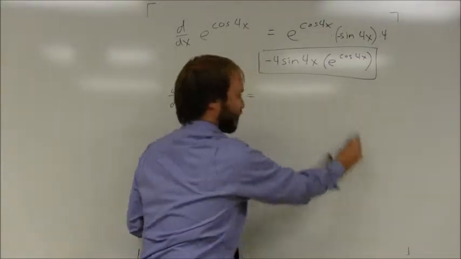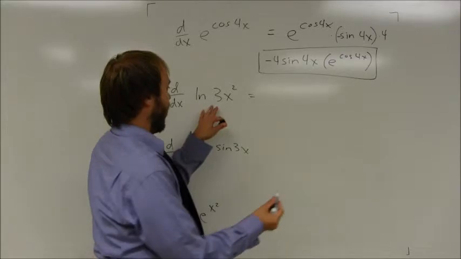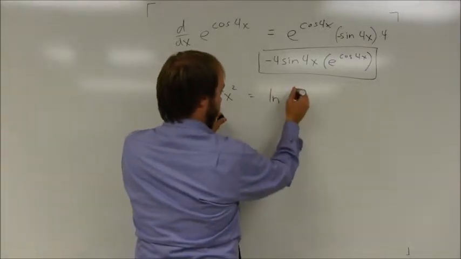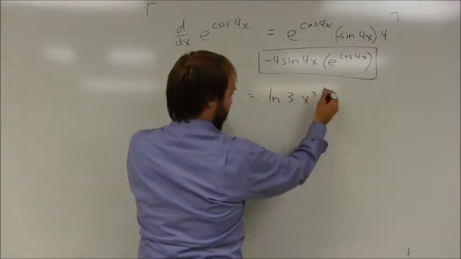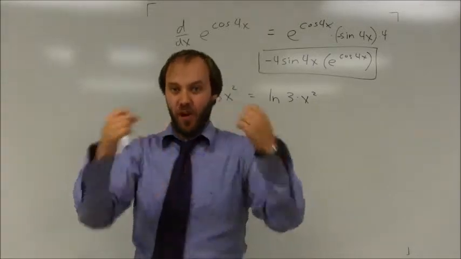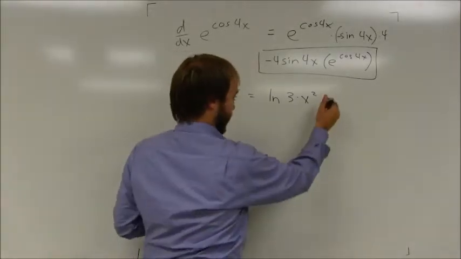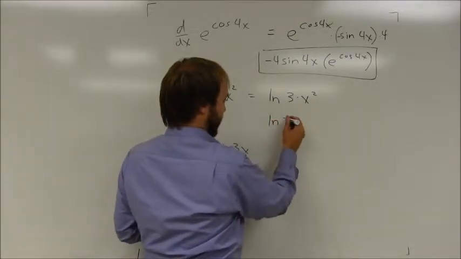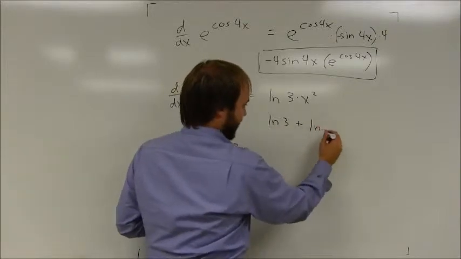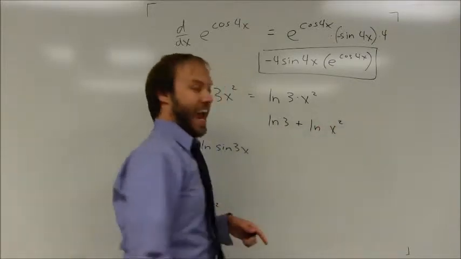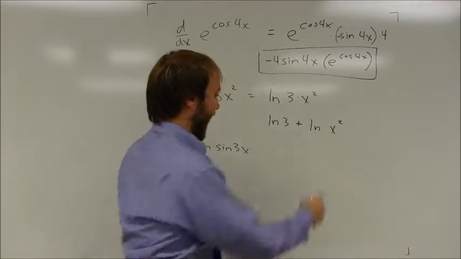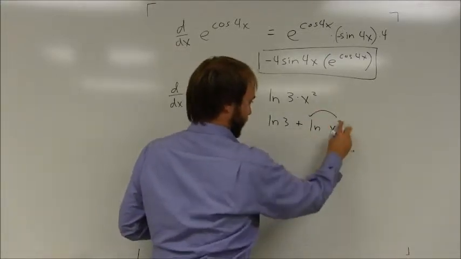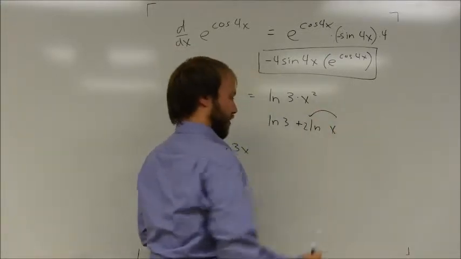This is the natural log of 3 times x squared. I can break a natural log product up into the natural log of 3 plus the natural log of x squared. And I can even go farther than that. I can swing this exponent around out in front and make that 2 times the natural log of x.